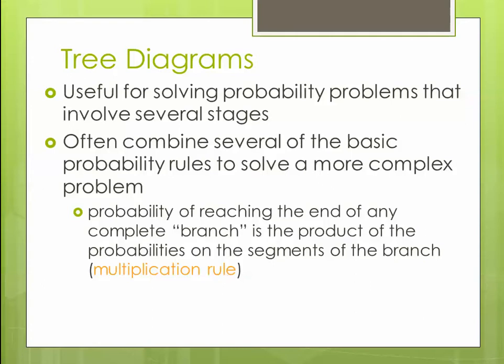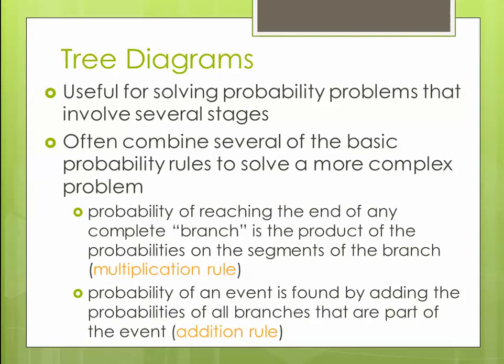Again, that doesn't make sense until you've seen one, so let's move on and look at one. Then the probability of an event is found by adding the probabilities of all the branches that are part of that event. So again, not making sense till we see it. But you might want to come back to this slide once we've seen one and see how that works out.